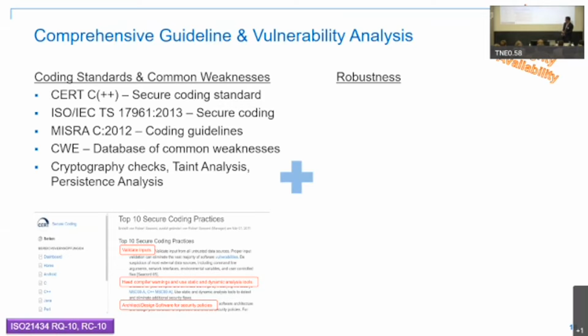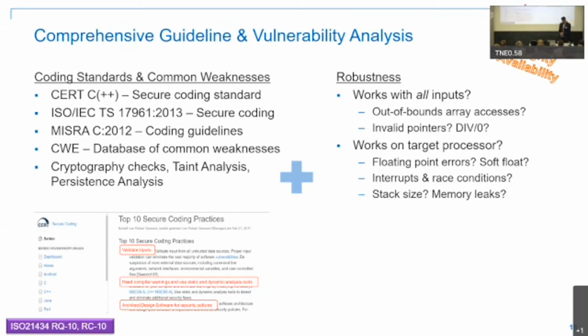But we also want to check the robustness of the system. And here we have to answer questions like these, for example. Do I have a division by zero in my system, which will be really harmful? Do I have underflow or overflow of data? Does the system always work? Can I have a race condition when it comes to accessing specific data?